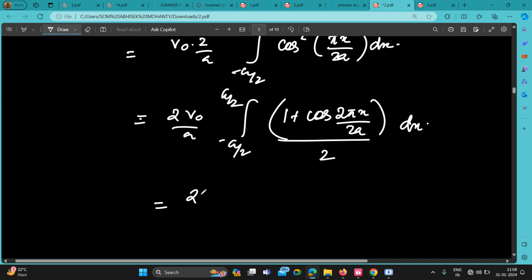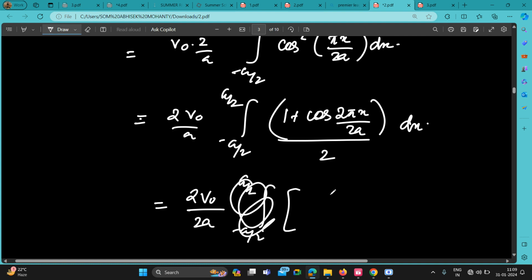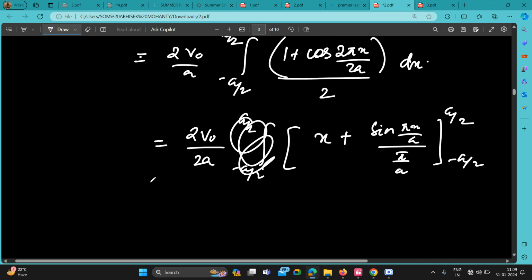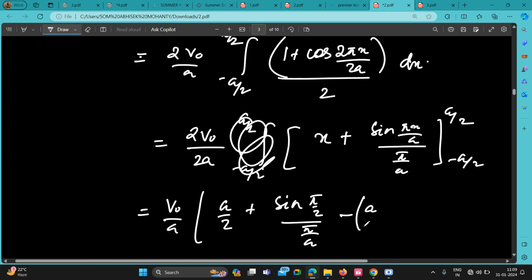Okay. So 2 v naught by a, sorry, let's start with the integration: x plus sine pi x by a, whole divided by pi by a, from minus a by 2 to a by 2. Okay, v naught by a, (a by 2 plus sine pi by 2 by pi by a) minus (minus a by 2 minus sine pi by 2 by pi by a).